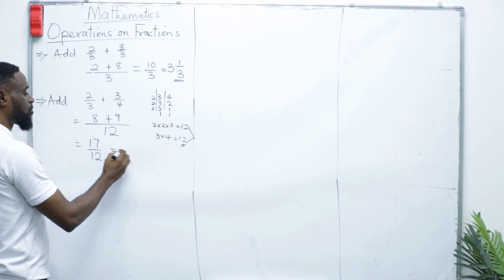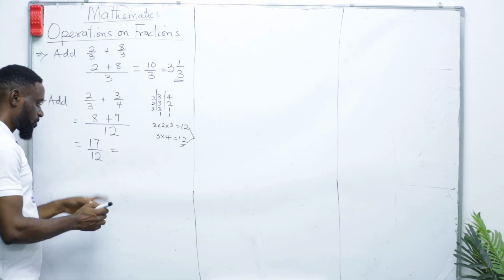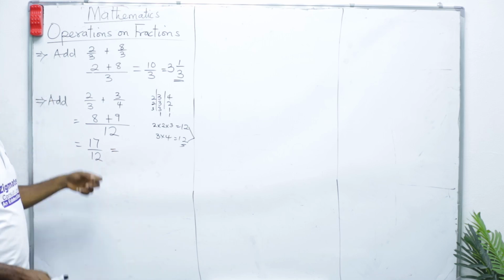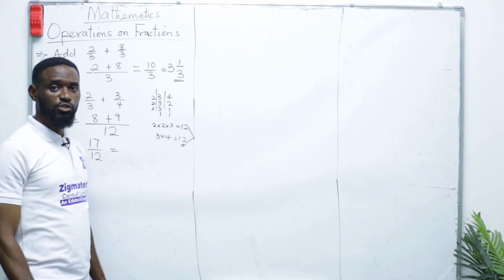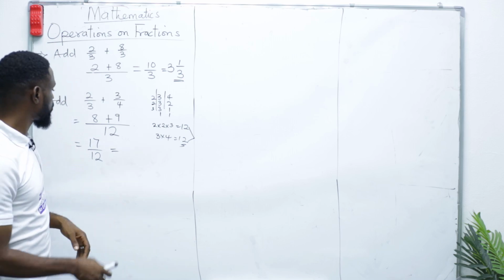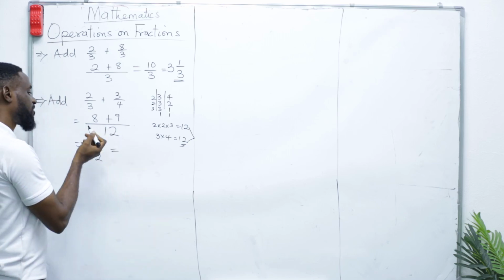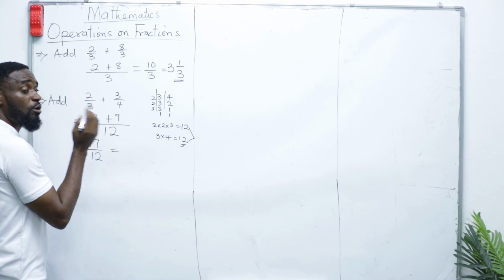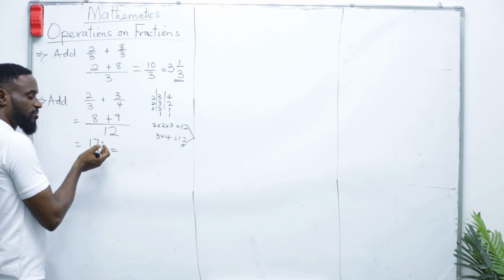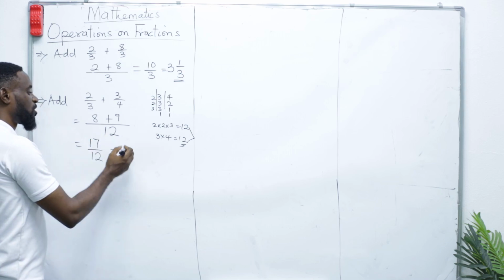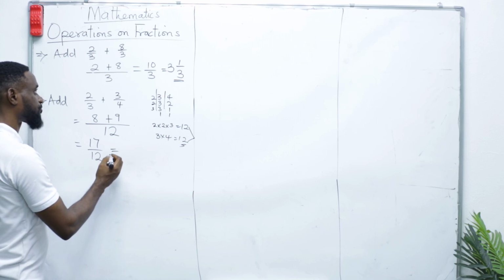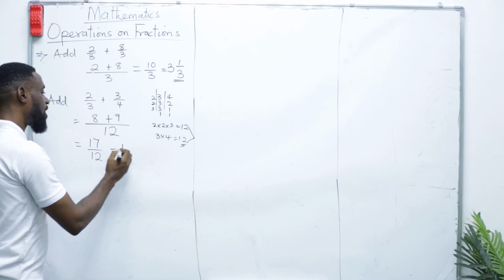This is also an improper fraction. Because it is an improper fraction, what we need to do there is to make it a mixed number. How? 17 divided by 12, it can only go once. That is 12 into 12. Okay? So it will be one whole number.